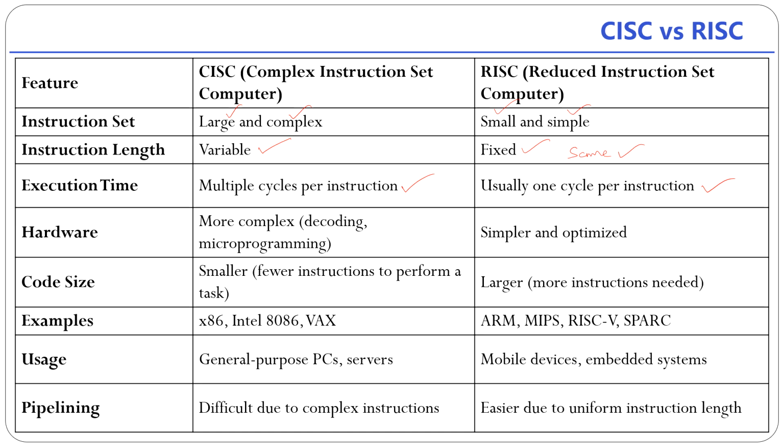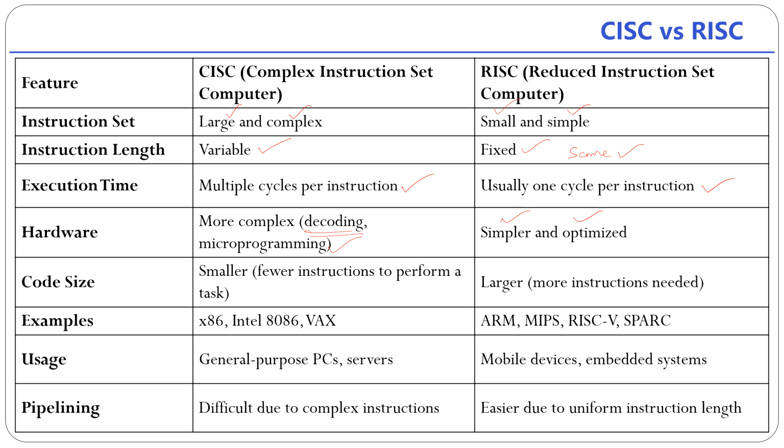Hardware. These are more complex. Why? Because of the large instruction set and complex architecture, the decoding is difficult, as well as microprogramming is required to translate the instruction to machine code. Whereas here, because of the same size, all are simpler and performance is optimized.